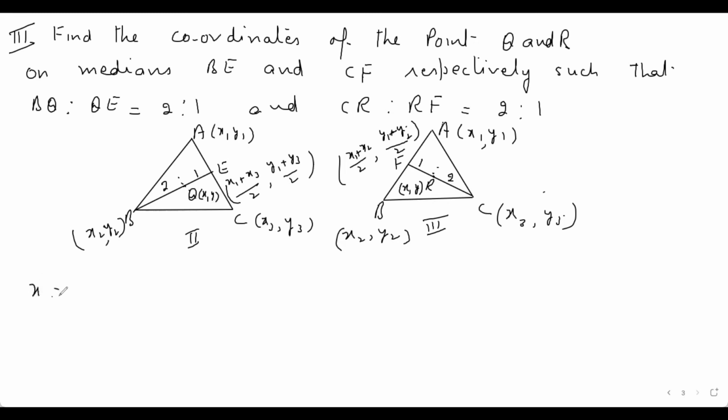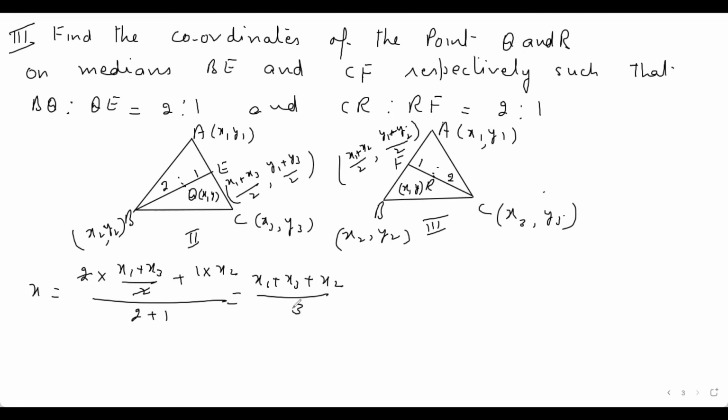So x is equal to 2 into (x1 plus x3) upon 2 plus 1 into x2, upon 2 plus 1. 2 and 2 cancelled. So that is equal to (x1 plus x3 plus x2) upon 3.